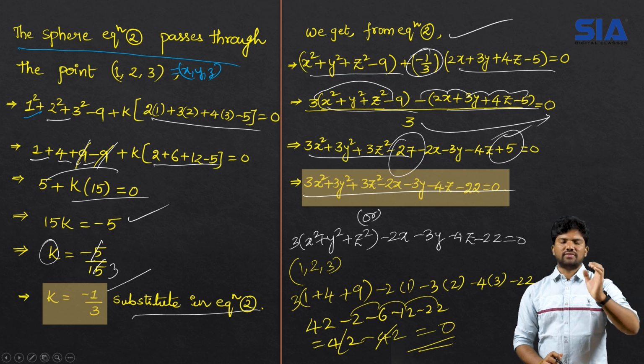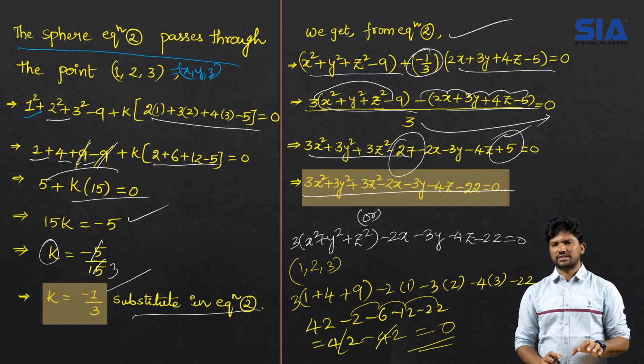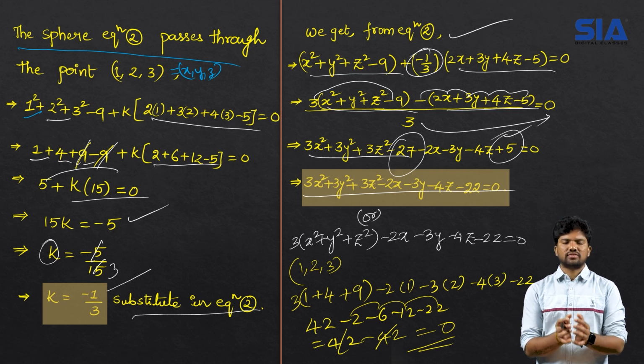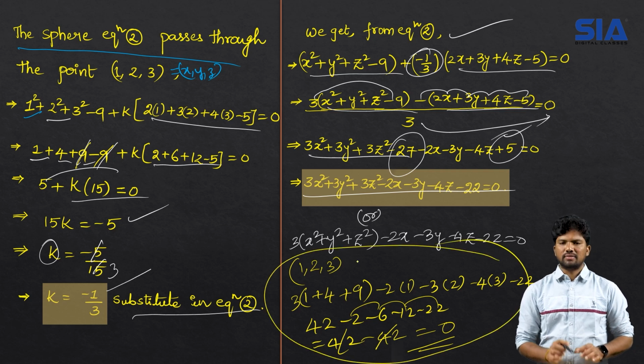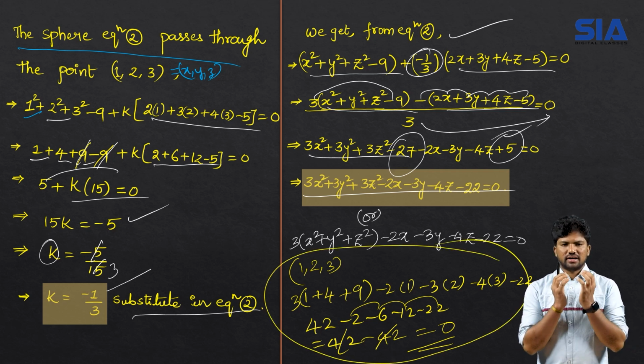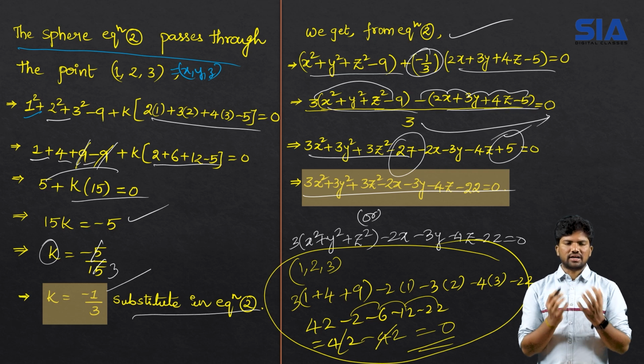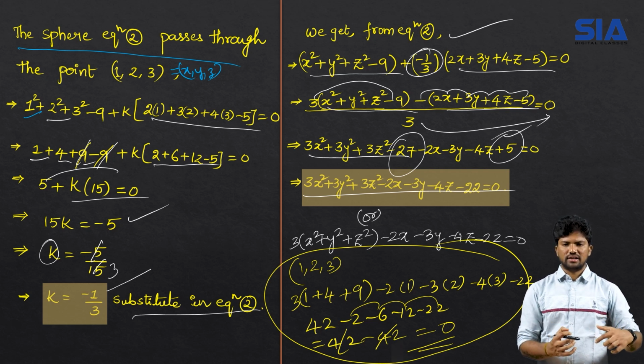After getting the final sphere equation, for your confirmation, do this type of cross-checking process. It is not part of the final solution, but it gives clarity and confirmation of whether the final solution you obtained is correct or wrong.